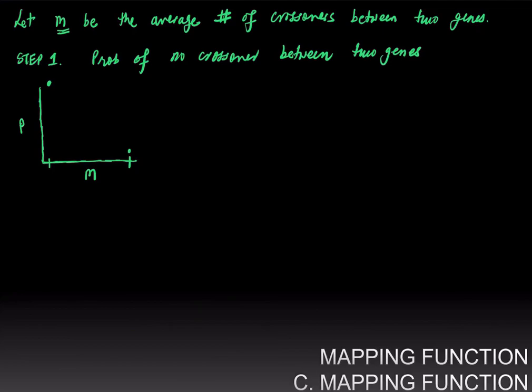And if you do the math, you can work out that this function, which is the probability of no crossovers, is actually e to the power minus m. It's an exponential decay.